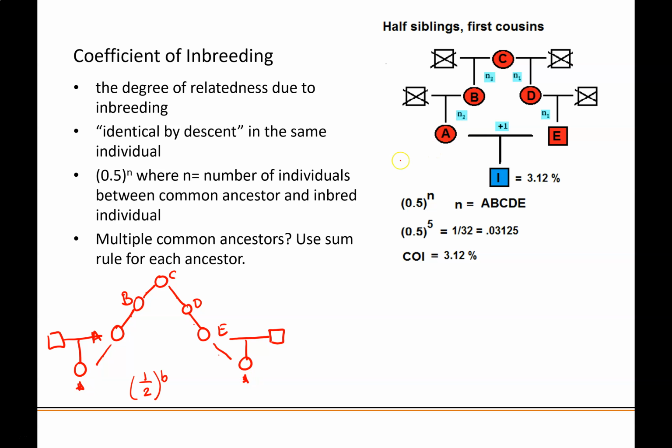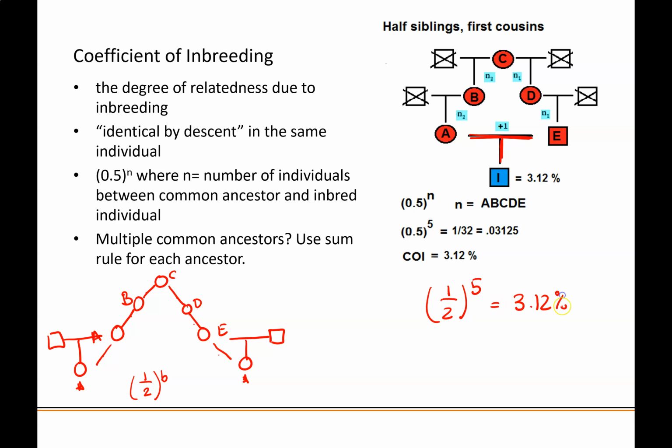Now, what if instead of A and E having children outside of this family, they have a child together? I drew them both as females. That's not going to work. You know what I mean. All right. So if instead of breeding outside of their family, they have a child within, their coefficient of inbreeding, or coefficient of relationship due to inbreeding, is actually going to be slightly higher.